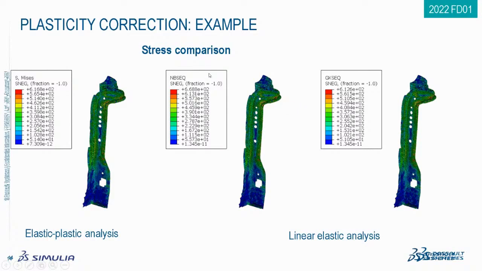And you can see that both do a fairly good job of representing the solution of the elastic-plastic analysis. So a great new capability if you want to save some computation time and still take into account the possibility of localized plasticity. And of course, you need to use a little engineering judgment here. For example, if there are singularities in your model where the stress concentration is non-physical, then you have to use your engineering judgment to filter those out, which can be done quite easily in post-processing tools such as Abaqus Viewer.